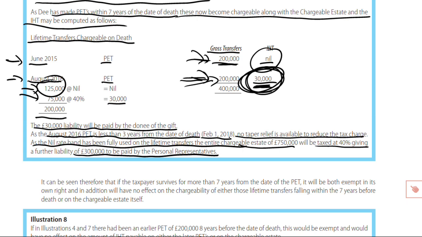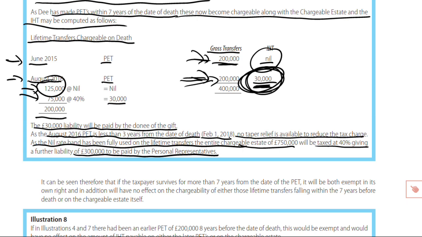But look again at the amount of tax now payable on the death estate. That now there is no nil rate band. This time, again, all of our nil rate band has been used up by those lifetime transfers.